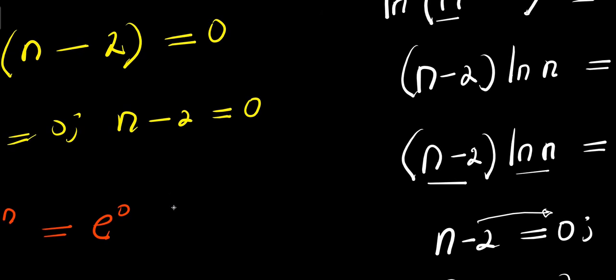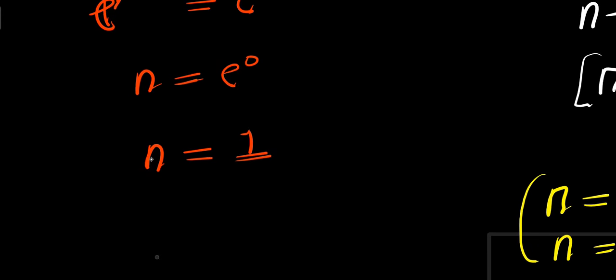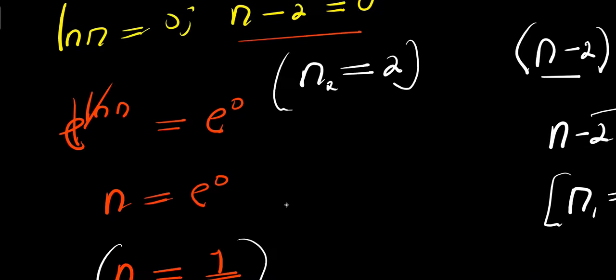Also, if you have n minus 2 equals 0, that means I can have n equals 2. That's my n2 as well. So we have two values, n equals 1 and n equals 2.